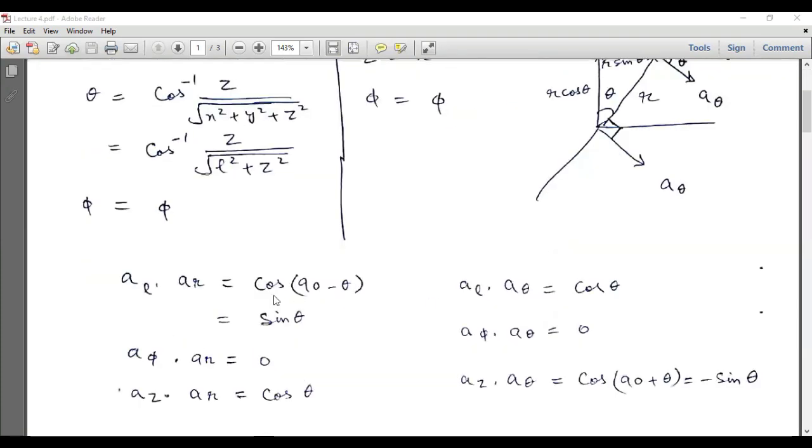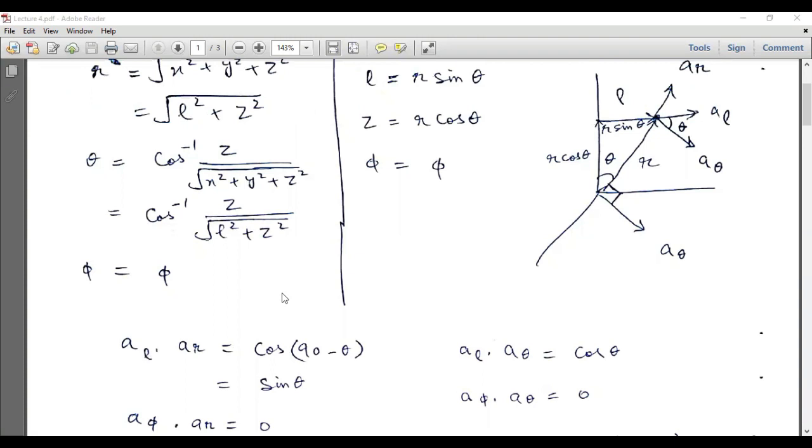Now we will evaluate the dot products of unit vectors among the two coordinate systems. So a rho dot ar is the first dot product, and a rho dot ar will be equal to the magnitude of a rho multiplied by magnitude of ar multiplied by cos of angle between them. So from here, you know that this is a rho, and this is ar, and the angle between them can be evaluated by looking at this triangle.